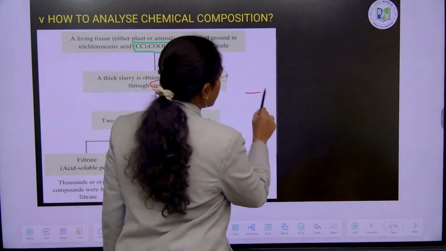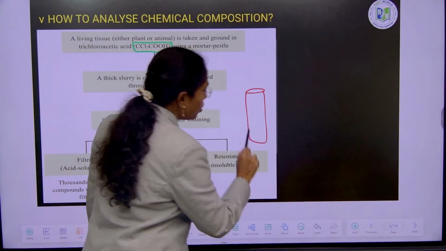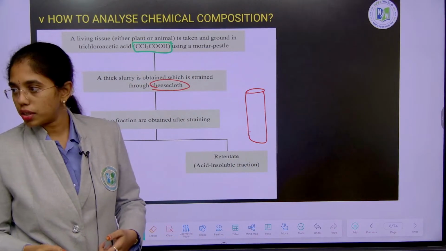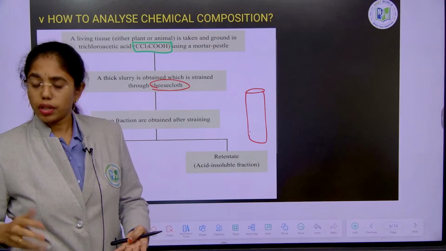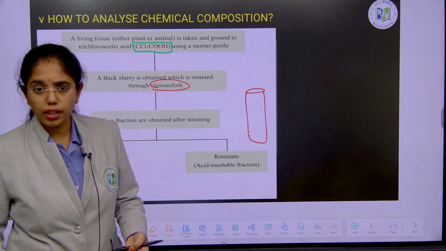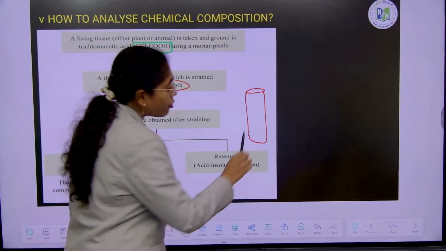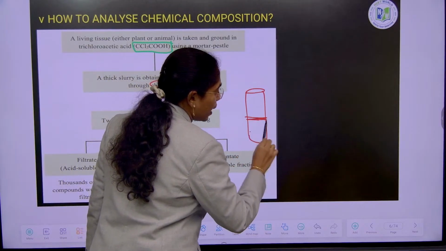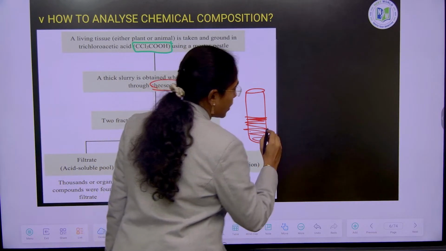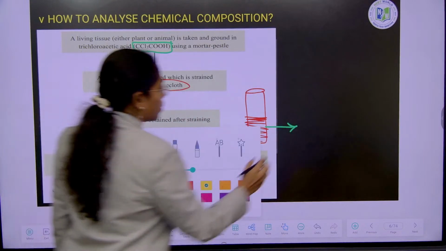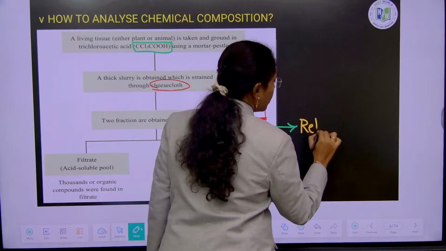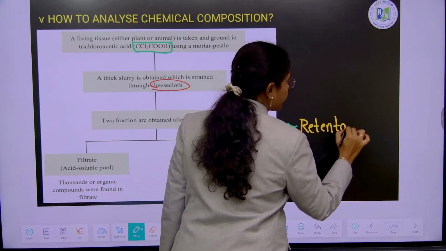Then inside the test tube, after centrifugation, that is centrifuged at like 3000 or 5000 rounds per second, you can see at the base the retentate.